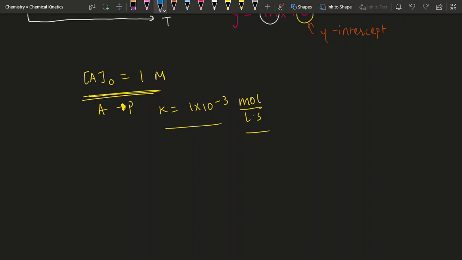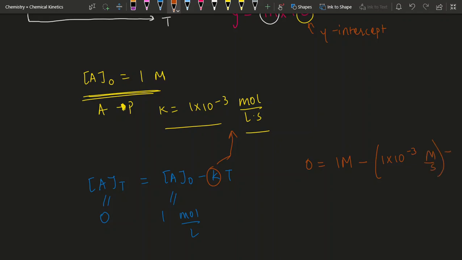So again, what you can do is take A of t equals A naught minus kt, and A of t here in this case is 0. We are looking at complete reaction, so A of t is 0. A naught is equal to 1 moles per liter. 1 molar is just that. And k here is equal to what we have. So you can write this as 0 equals 1 molar minus, instead of k you put in 1 times 10 to the power minus 3 molars per second, times t.